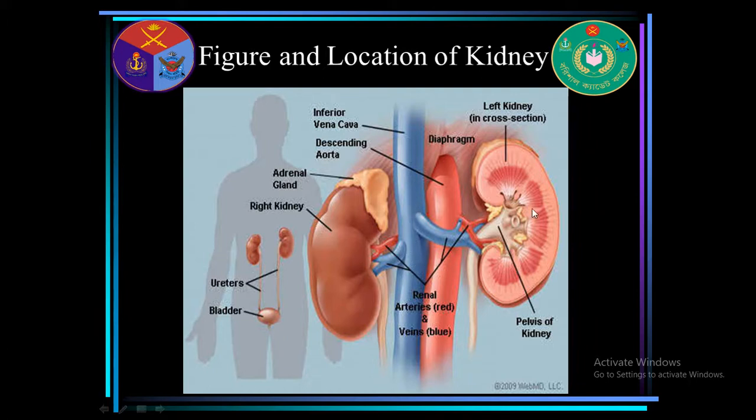Look, this is the section of the kidney. This is the ureter, and its first part is swollen and funnel shaped, called the pelvis. This ureter opens into the bladder, and this is the urethra.